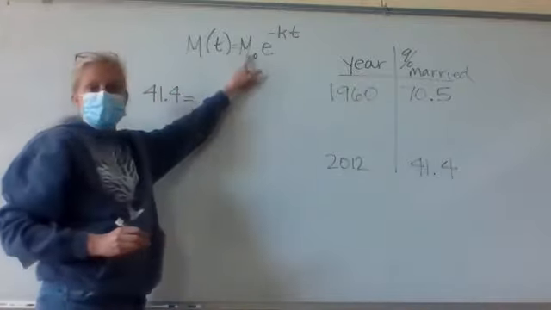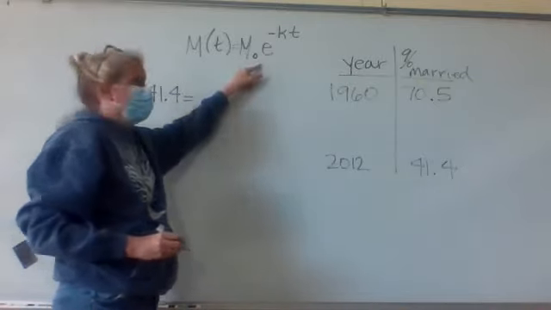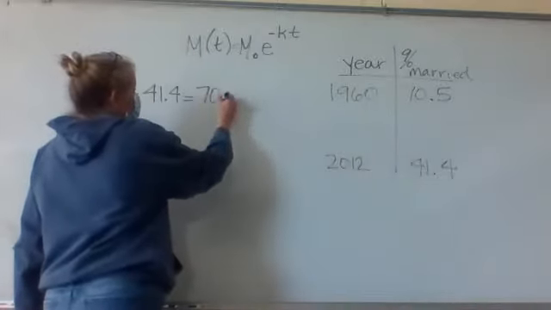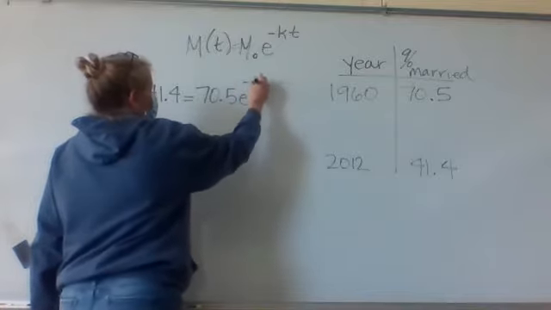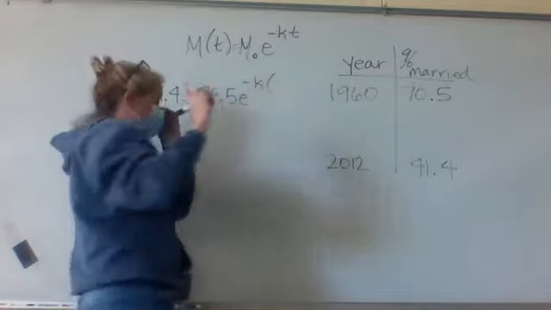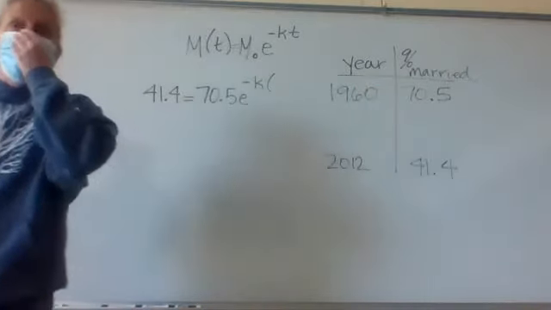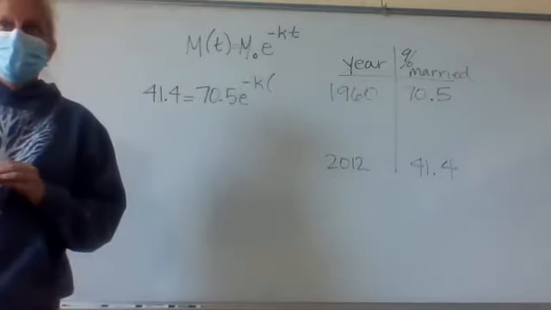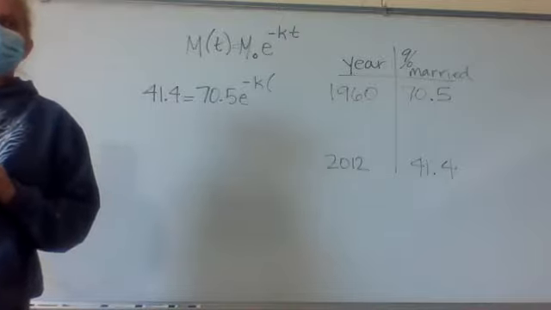What does this always stand for? Your beginning amount. So what was your beginning amount? 70.5. E, I don't know what the rate is. That's what I'm looking for. I do know what the T is. What does the T stand for? The amount of years it took to get from the beginning amount to the end amount.